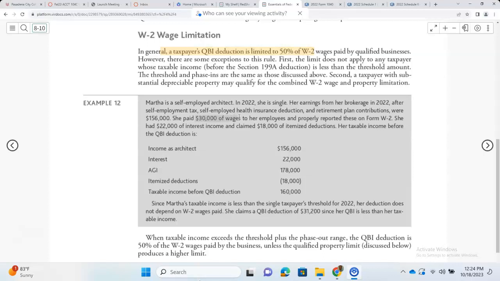Only $30,000 of wage, okay? She had $22,000 of interest income and claimed $18,000 of itemized deduction. Her taxable income before the QBI deduction is income from job $156,000, interest $22,000, so AGI is $178,000 minus itemized deduction of $18,000.